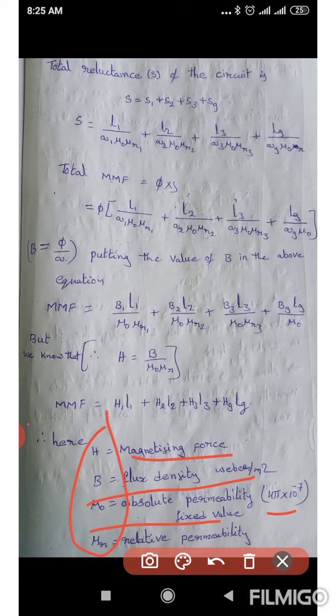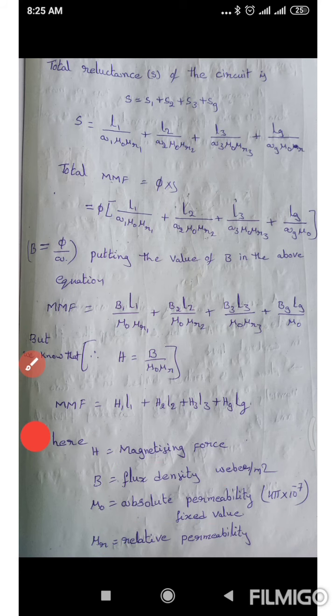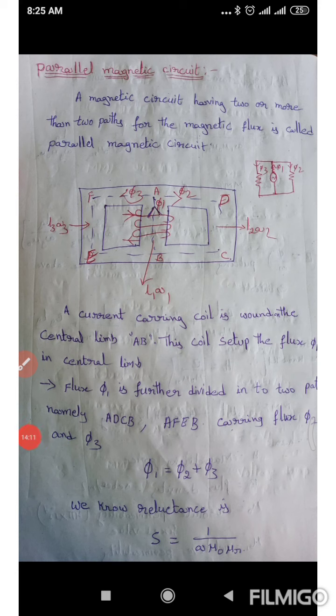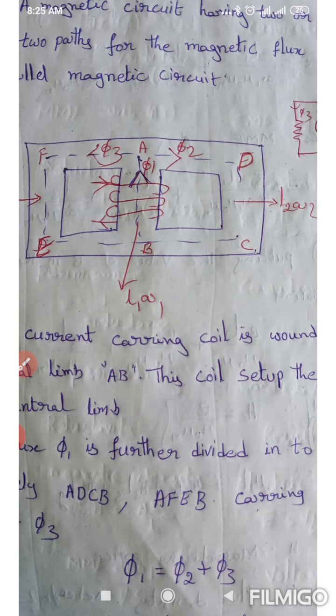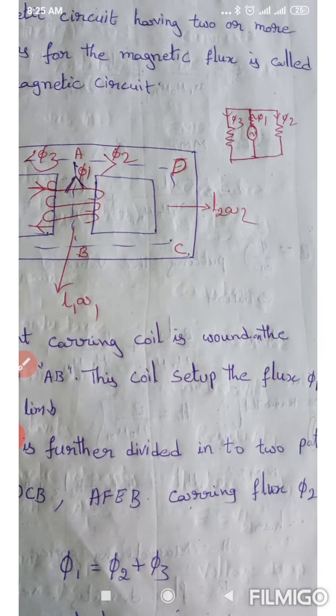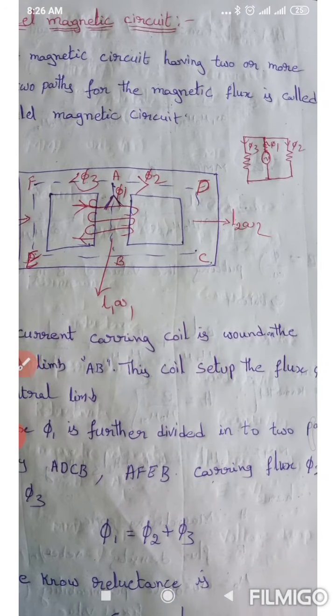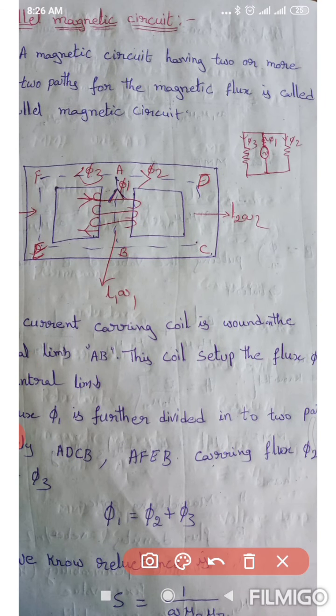This is about the series magnetic circuit. Let us see the parallel magnetic circuit. If you observe this magnetic circuit and convert it into the electric circuit, it is like this.